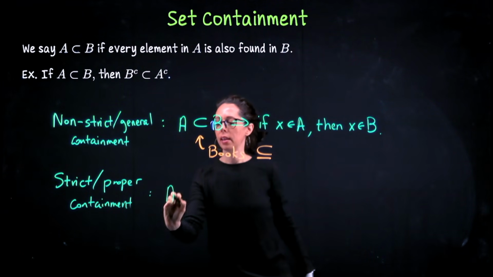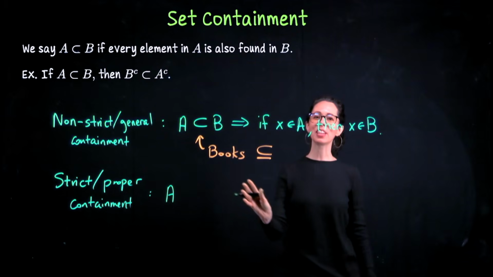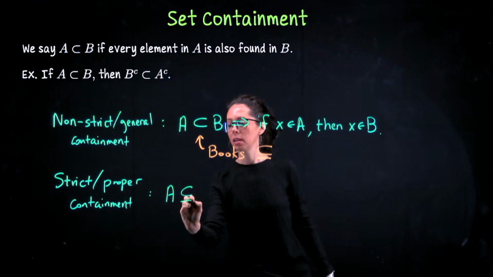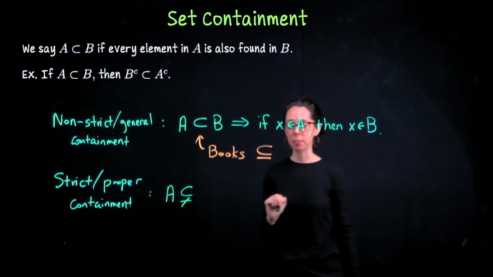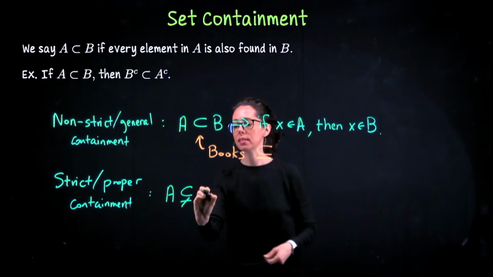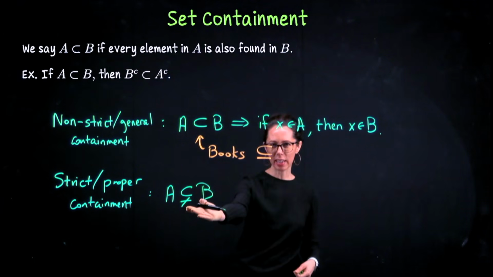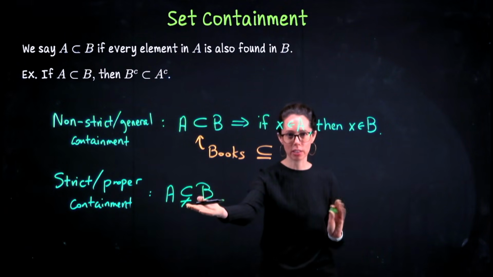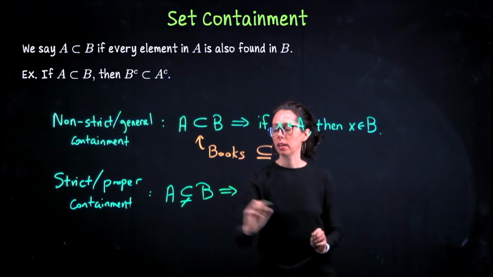Here's what I would write, and you might never see me write this because it doesn't come up very often. But if I wanted to indicate strict containment, here's how I will do that. So this is like A is a subset of B, but it's not equal to B. We haven't defined set equality yet, but let me give you a working idea of this expression.